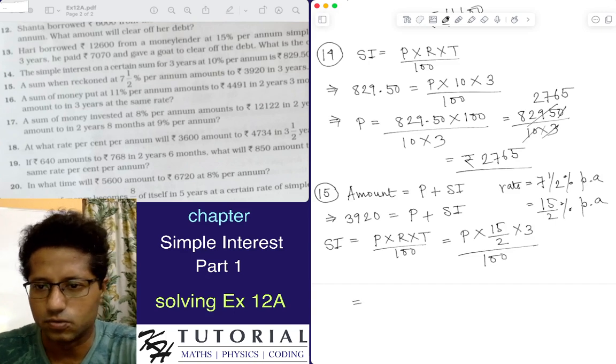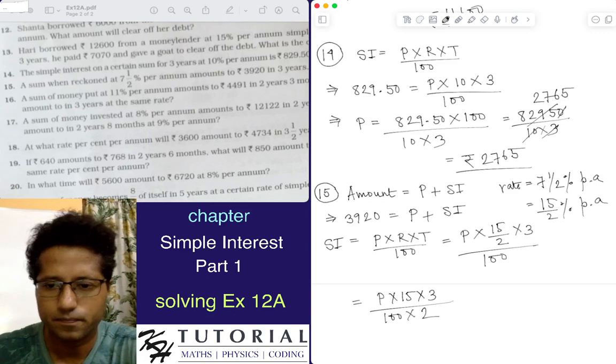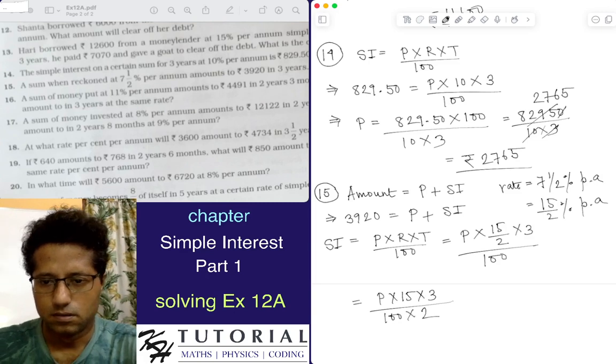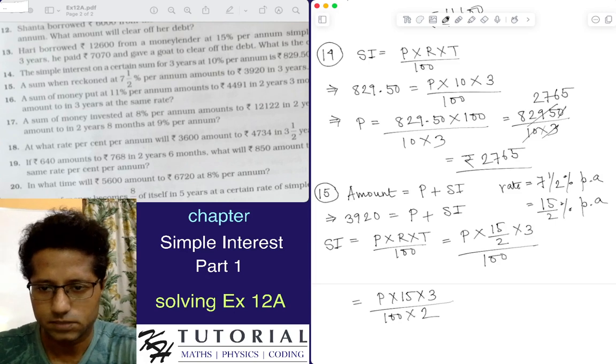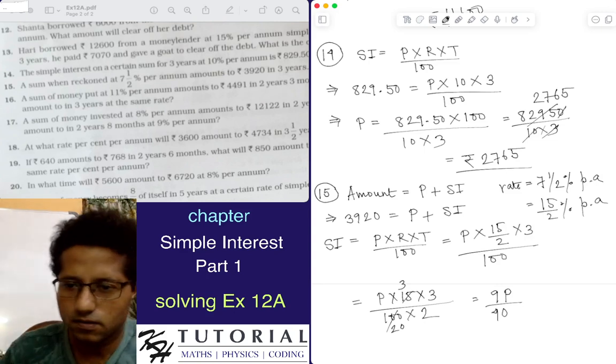So SI is equal to P into 15 into 3 divided by 100 multiplied by 2. Now how much is this? This is 9P by 40.